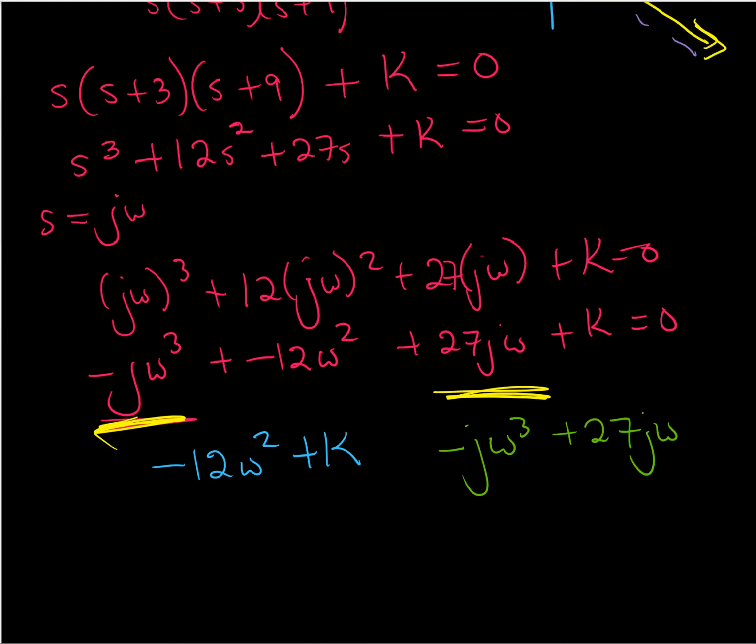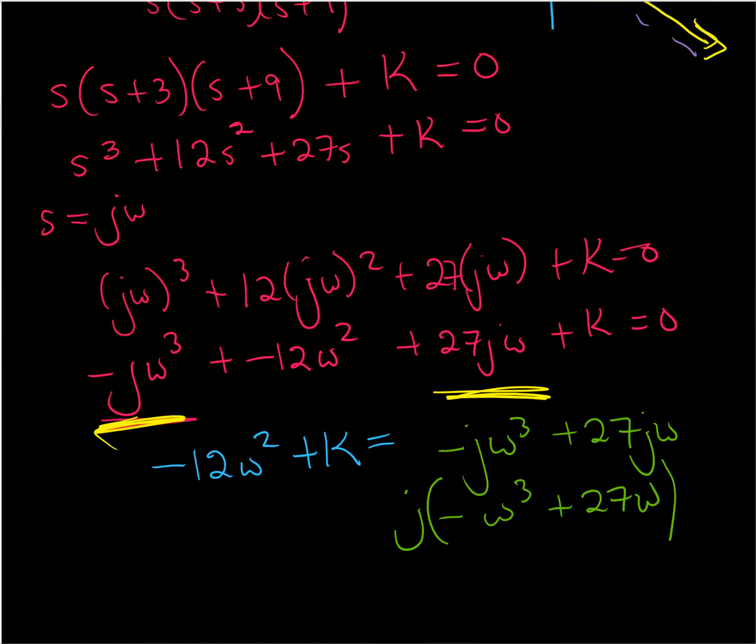Okay, and I can factor out this j to get minus omega cubed plus 27, wait a minute, 27 omega. Okay, so both of these things must go to 0.